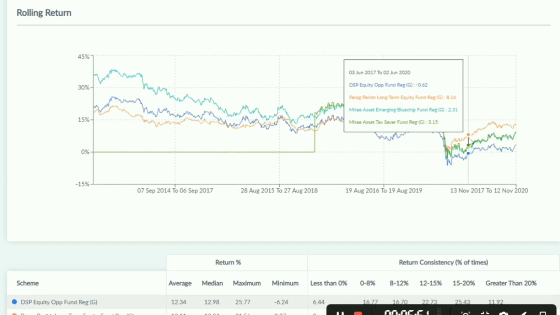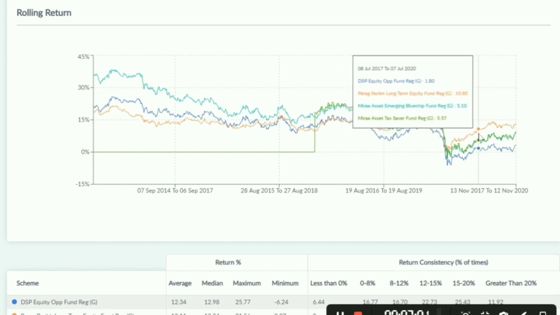When DSP has given negative, Mirae Asset has given 3.15, and Emerging Blue Chip has given 2.31. So if we check the recent track record from around 2016, Mirae Asset Tax Saver has been one of the best performers, and PPFAS, because of its US holdings of approximately 30%, has also given great returns.